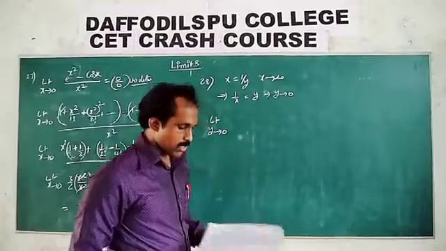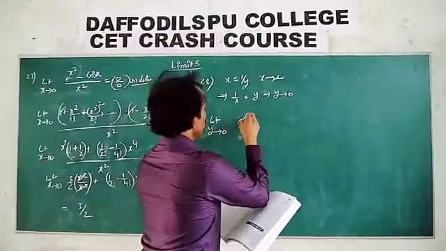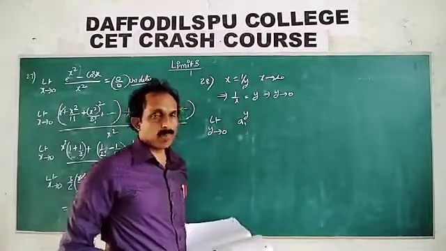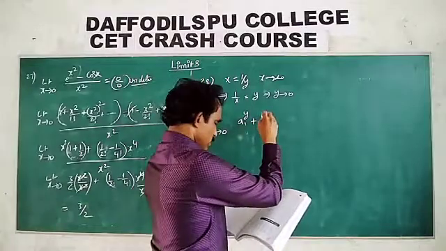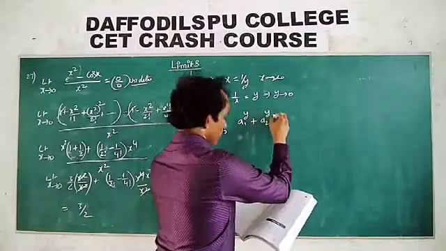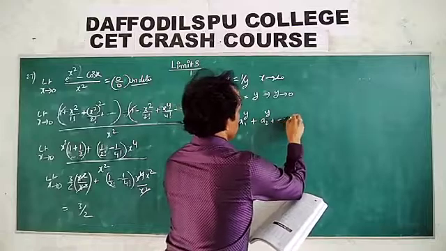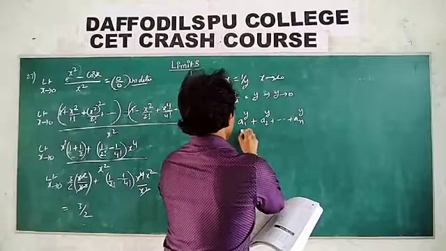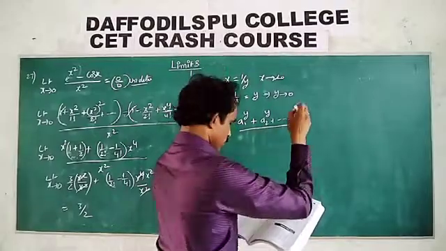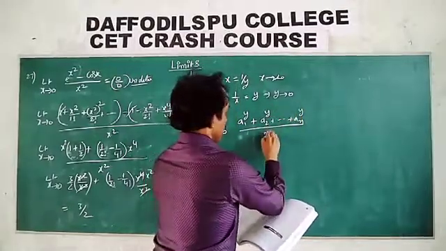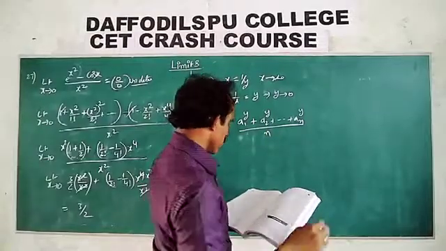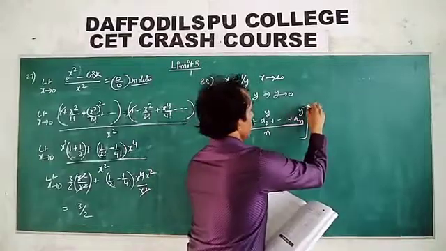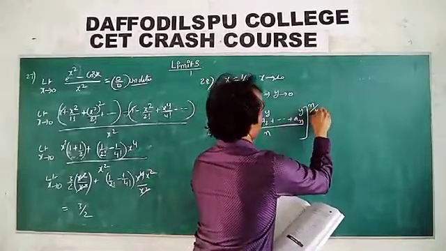The problem is: a1 power y plus a2 power y and so on plus an power y, divided by n, whole power n by y.